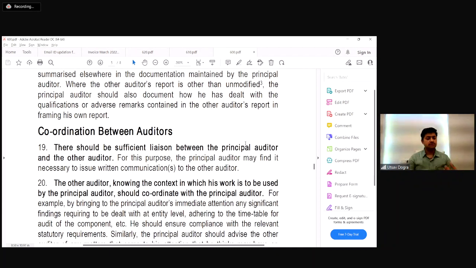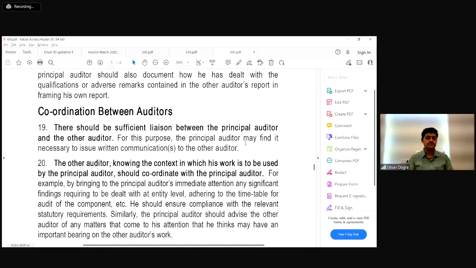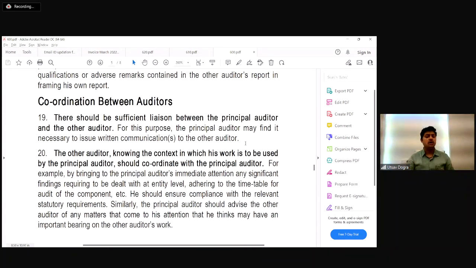The other auditor, knowing the context in which his work is to be used by the principal auditor, should coordinate with the principal auditor. The example has also been set in the standard itself: bringing to the principal auditor's immediate attention any significant finding required to be dealt with at the entity level, adhering to the timetable for the audit of the component, etc. All these things must be coordinated well between the other auditor and the principal auditor.